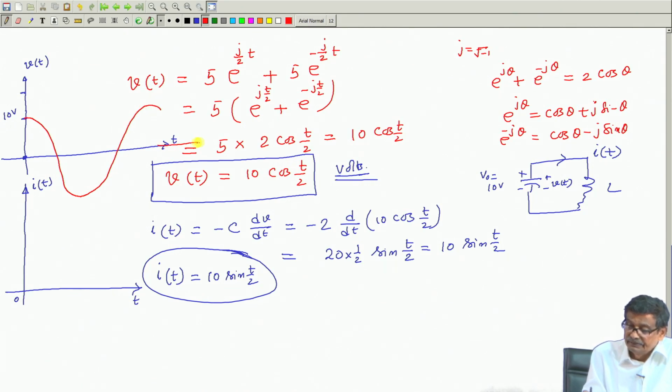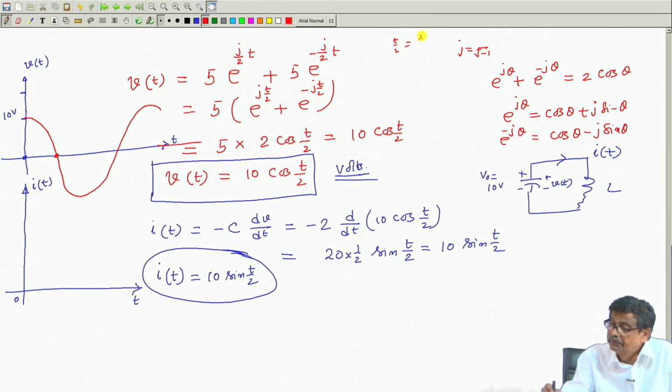Is it? Zero crossing points can also be found out, because cosine of pi by 2 is 0. So, t by 2 is equal to pi by 2. So, t is equal to pi, this point will be pi, and so on.